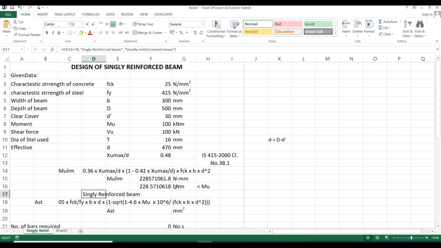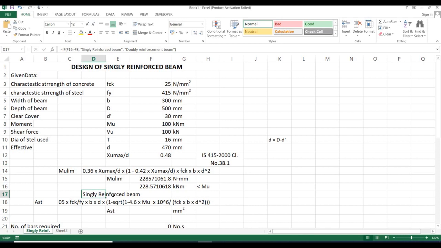By always looking at whether it is correct or wrong. If I use the IF function and write a sentence, if Mu is less than Mu limiting, it should write singly reinforced beam, or if Mu is greater than the Mu limiting, in that case it should write doubly reinforced beam.